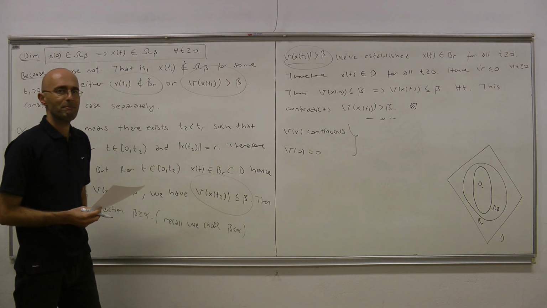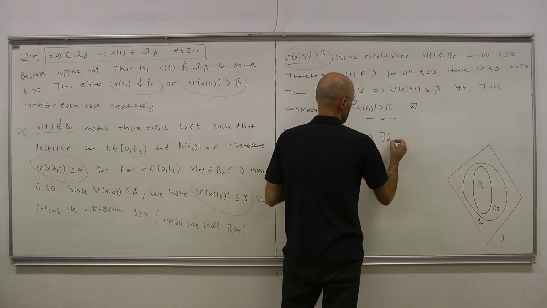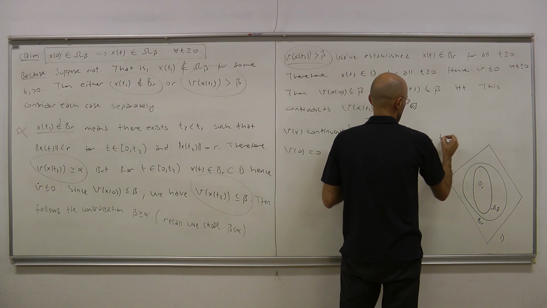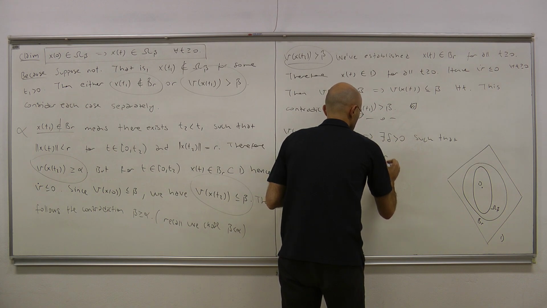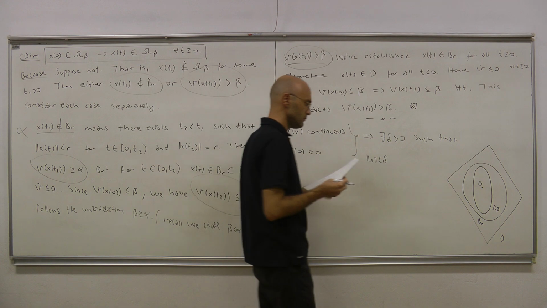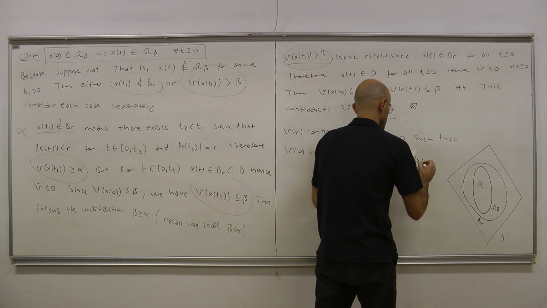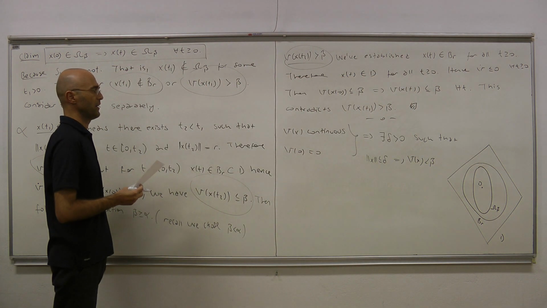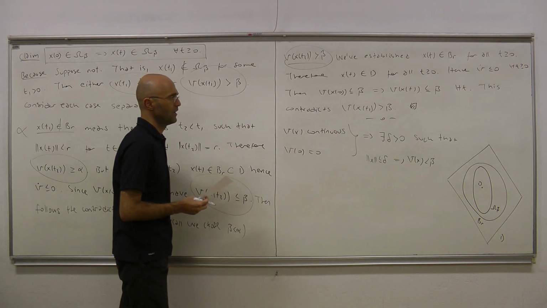These two things mean that I can always find a delta that's small enough such that x close enough to the origin yields V of x less than beta, directly from continuity plus the fact that it's 0 at 0.